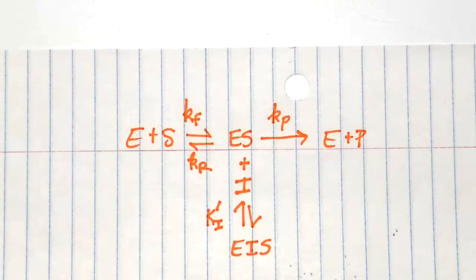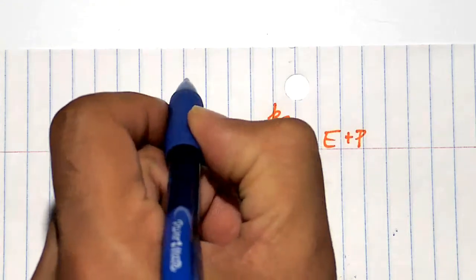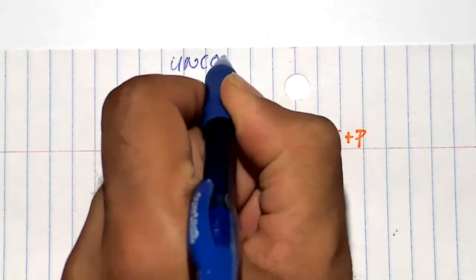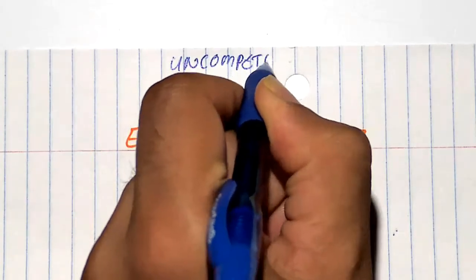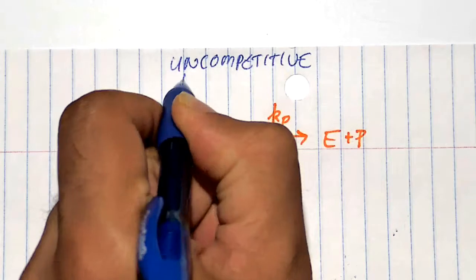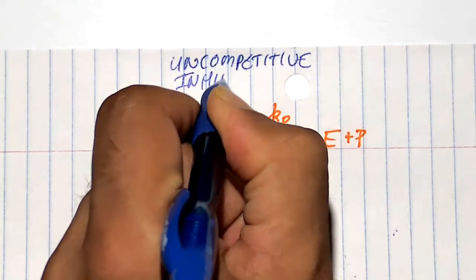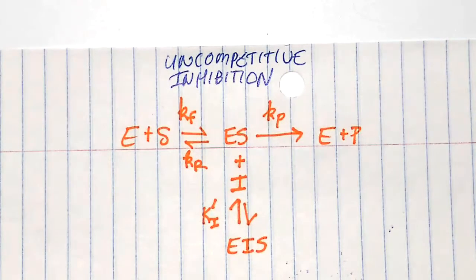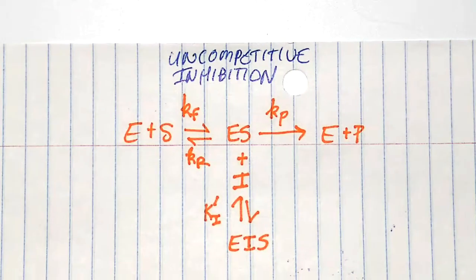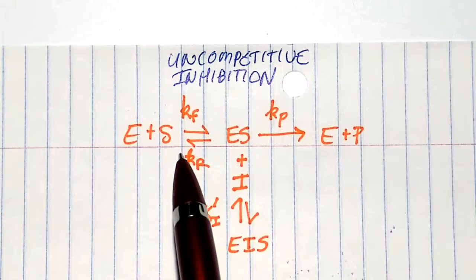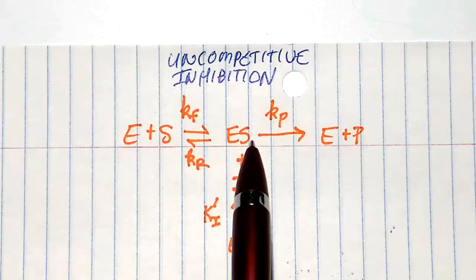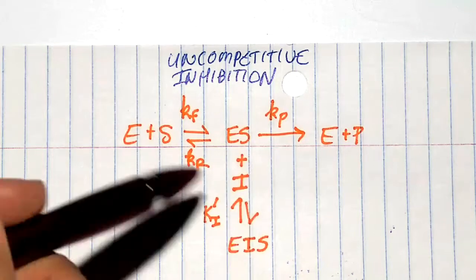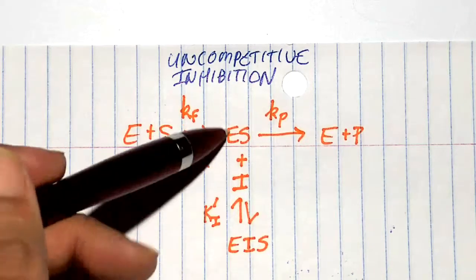So the uncompetitive inhibition shown here is an example of uncompetitive inhibition. In uncompetitive inhibition, the substrate can still bind to the enzyme's active site. Okay? It can still bind and give you ES. The problem is now you have competition in this direction.